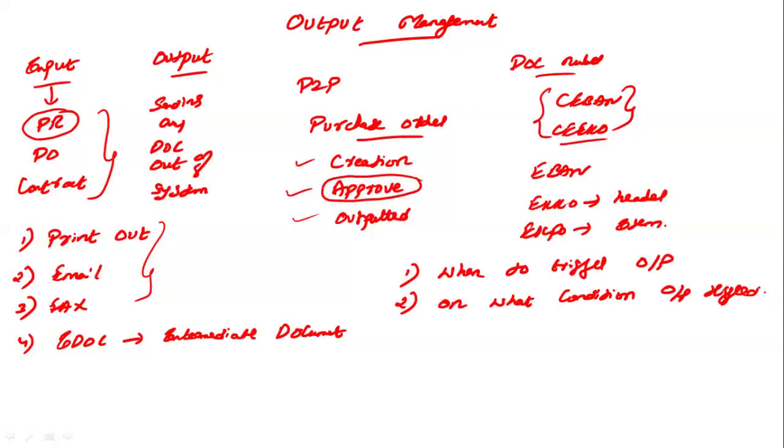Why are we doing those? Why are we differentiating? For this purchase order, this output should get triggered. For this purchase order, the output should not get triggered. Because assume that you have thousands of suppliers. In those thousands of suppliers, some suppliers are advanced. They are ready to receive the purchase order through EDI or IDOC. In that case, you need to set a different condition.